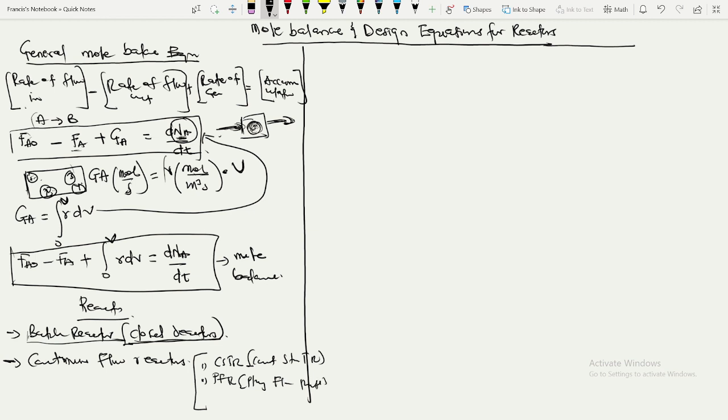Even the plug flow reactor falls under a category of reactors we call tubular reactors, but we'll be focused on just one type of tubular reactor, known as the plug flow reactor. And then the third type, we have the packed bed reactors, PBR. So we want to design the equation for all these reactors. First of all, we'll be looking at the batch reactors.